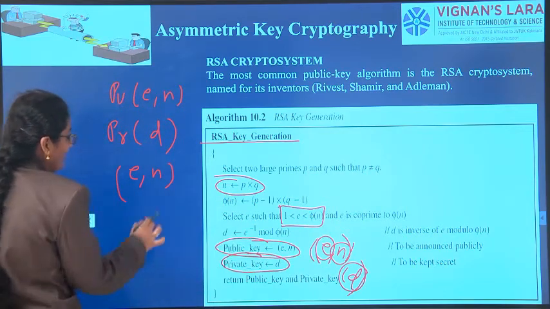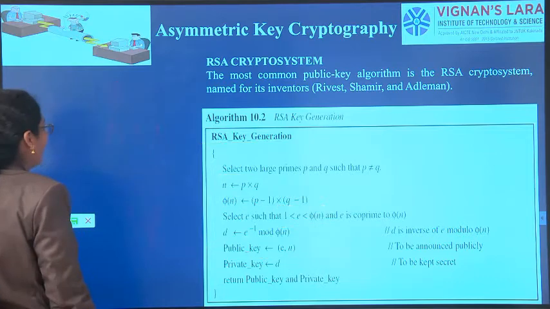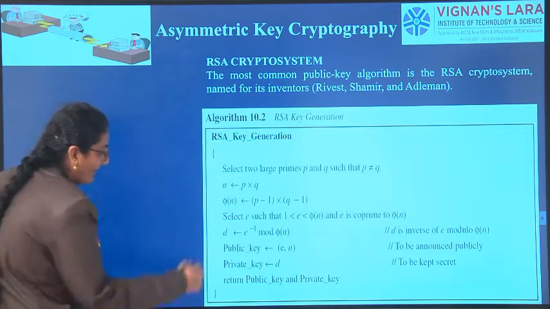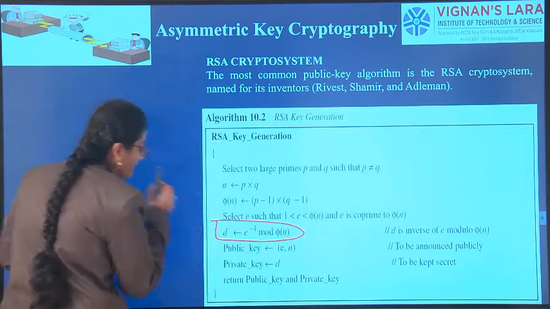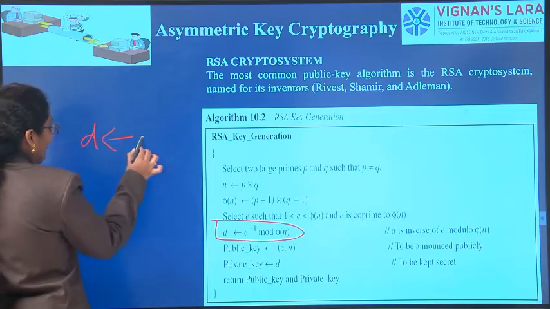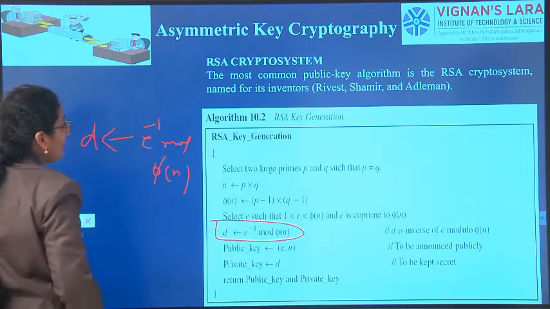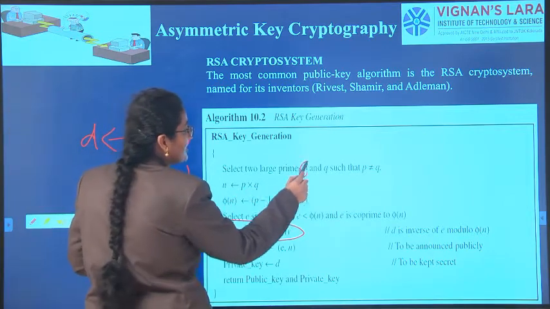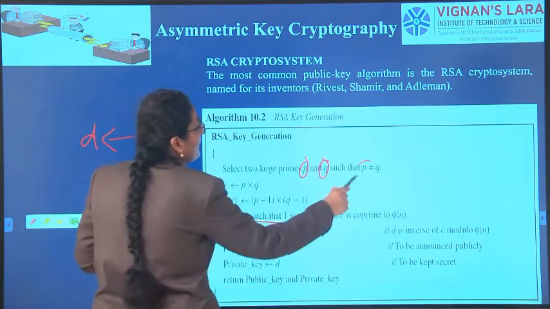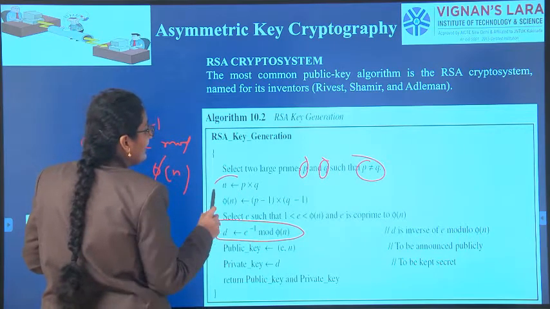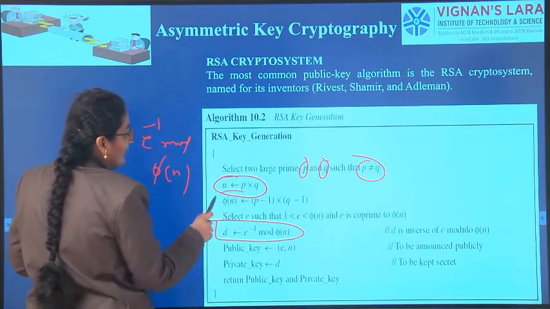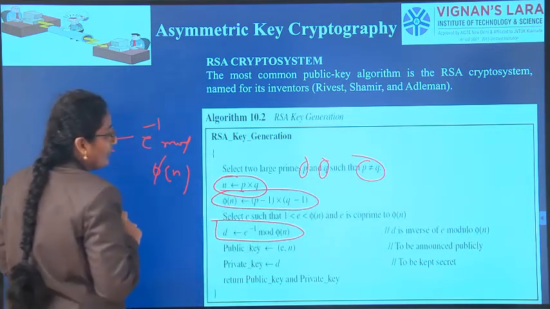Now the private key is D, and we have to calculate it. To calculate the private key we have the formula: private key D equals E inverse mod phi of N. So we have taken two large prime numbers P and Q, P not equal to Q. N is the product of P and Q. Phi of N is P minus 1 into Q minus 1.